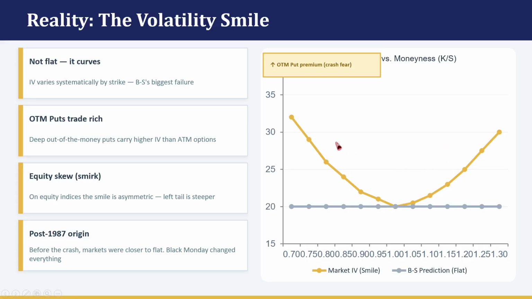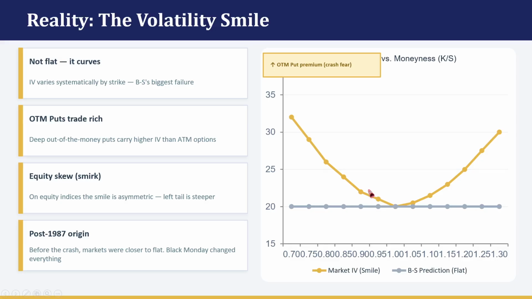So as we move to the left, into the out of the money put territory, the implied volatility rises sharply. This is the volatility smile, or more precisely in equity markets, the volatility skew or smirk, because it's asymmetric. The out of the money puts are expensive, they price in fear, and Black-Scholes with its single sigma cannot produce this shape.